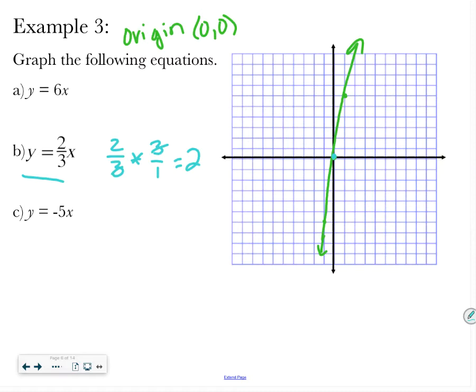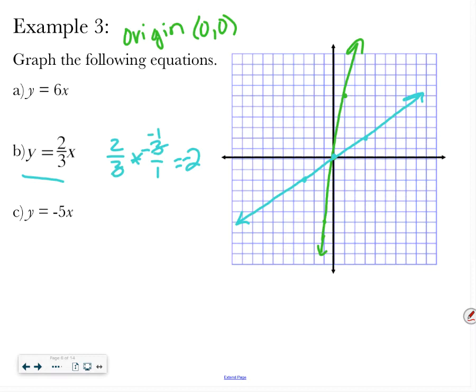So I'm going to try going to the right 3, and then I go up 2. Or I could do a negative 3, so then I would have a negative 2. So I could go left 3 and down 2. And there's 3 points I can use to graph my equation.